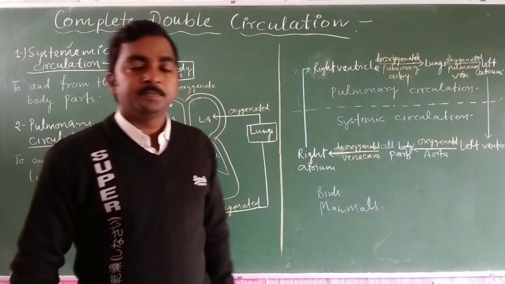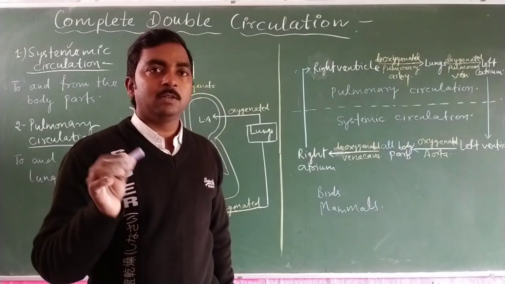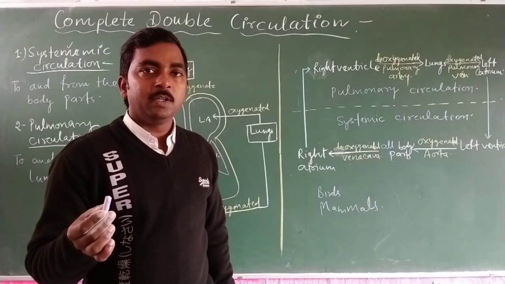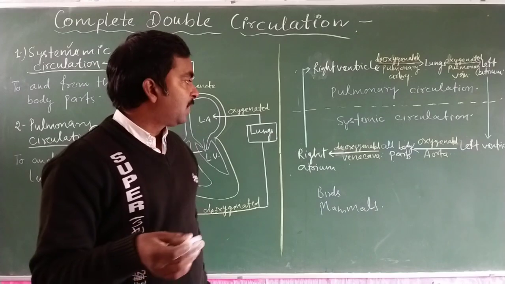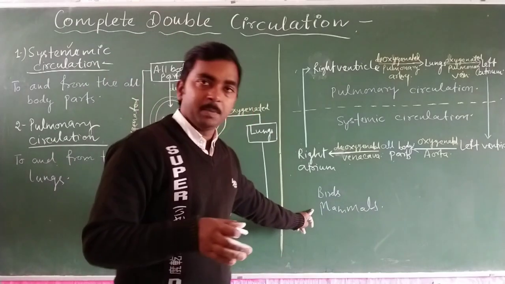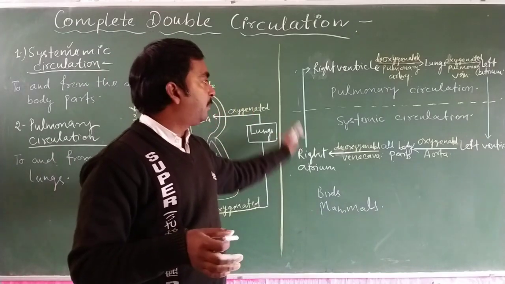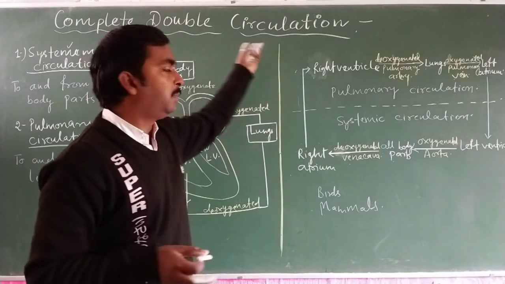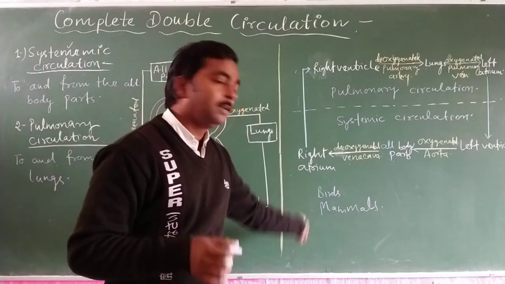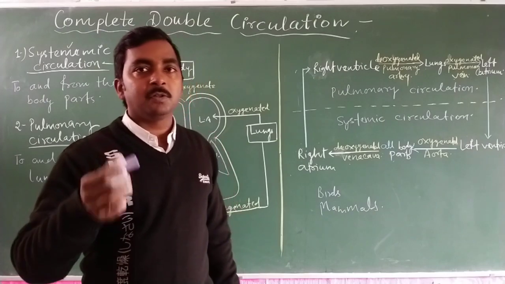So in this chapter we have discussed circulation in human beings, and human beings are a kind of mammal. So complete double circulation is a feature of mammals, and it is also a feature of human beings.